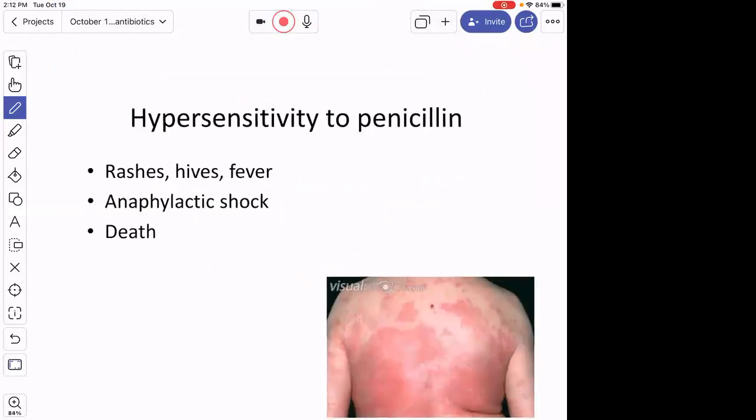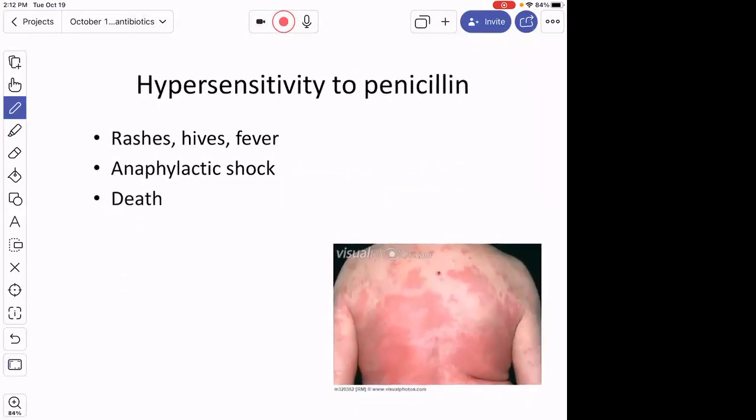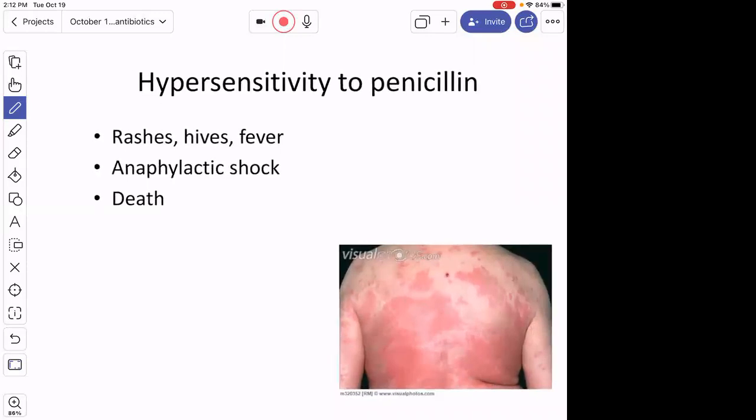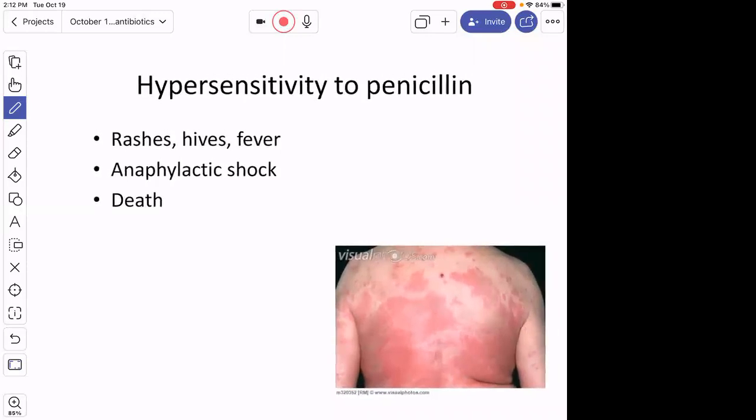Okay, so while we're talking about the beta-lactams, and I have a few more that I want to talk about, I did want to mention that allergies to penicillin is another problem. It's estimated that about 10% of us in America have allergies to penicillin.